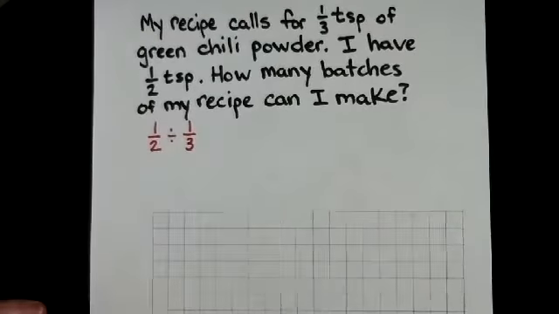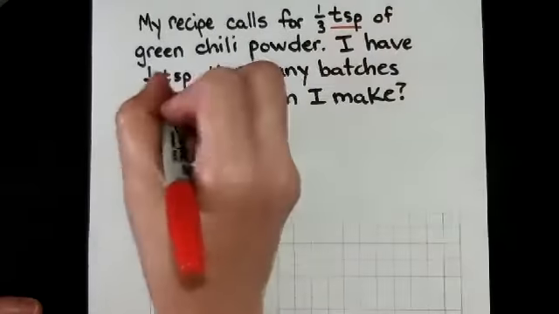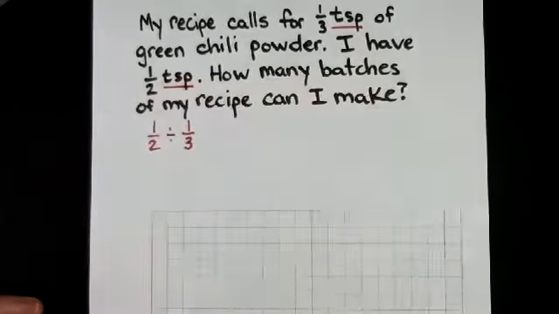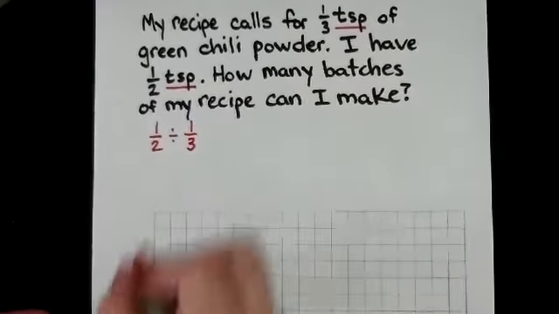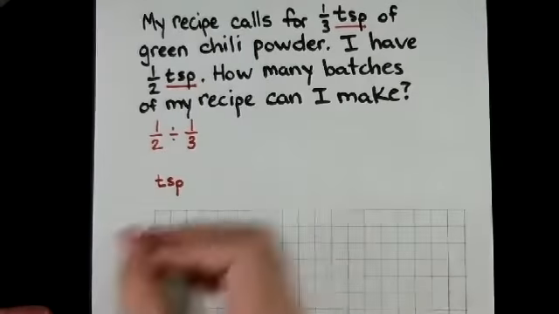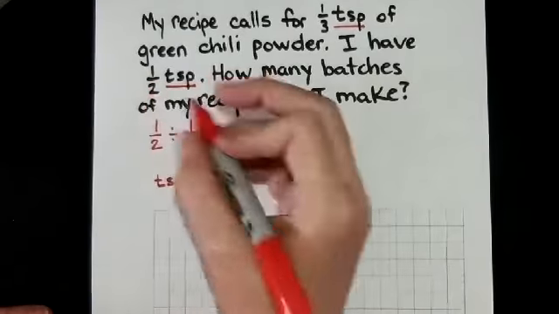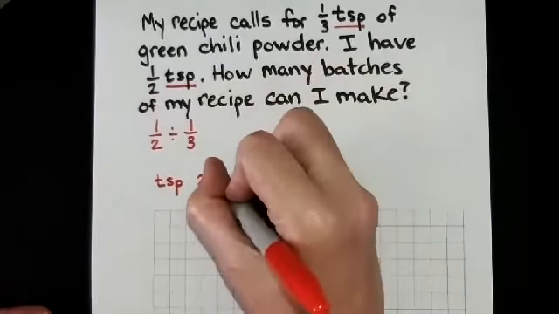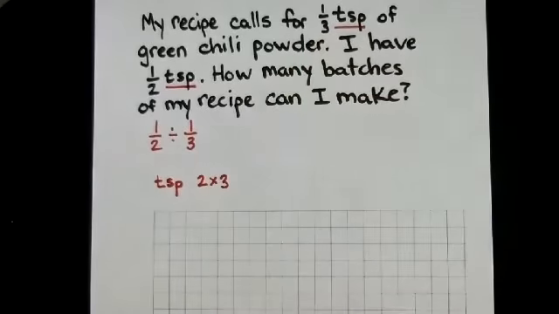So we'll want to look at what a teaspoon looks like. Both our 1/3 and our 1/2 are parts of a teaspoon, so our whole is a teaspoon. We want to be able to see the 2 parts of the 1/2 quantity, and the 3 parts of the 1/3 quantity.